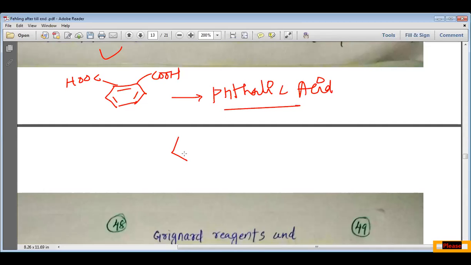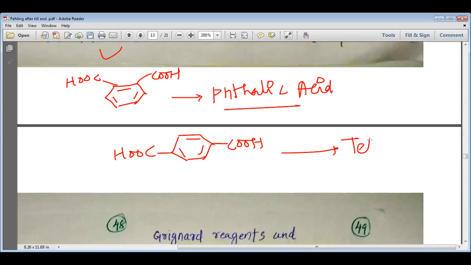But if both the carboxyl groups present on the phenyl ring are at the 1 and 4 positions, then they are known as terephthalic acid. Please remember.